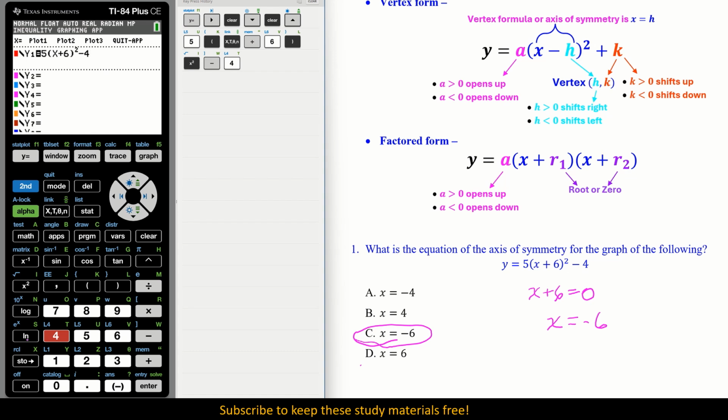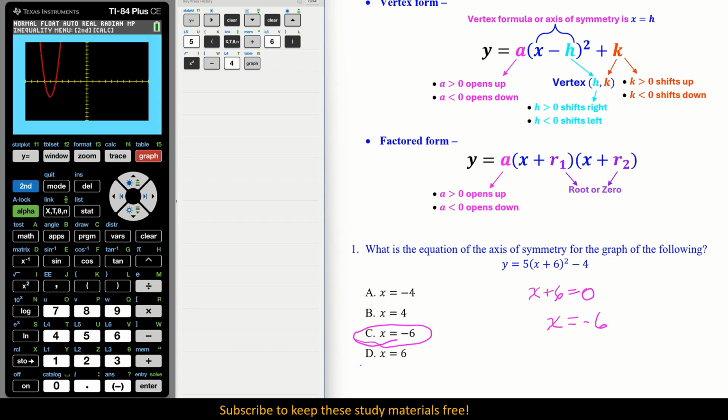Verify that we've entered it correctly. And I say yes. So let's see what the graph looks like. Nice. If we see here, we have 1, 2, 3, 4, 5, 6. So -6. Well, let's actually create that axis of symmetry so you can see it.